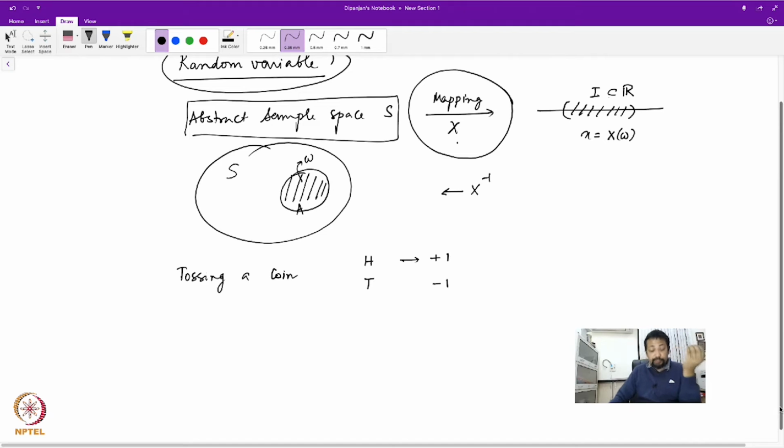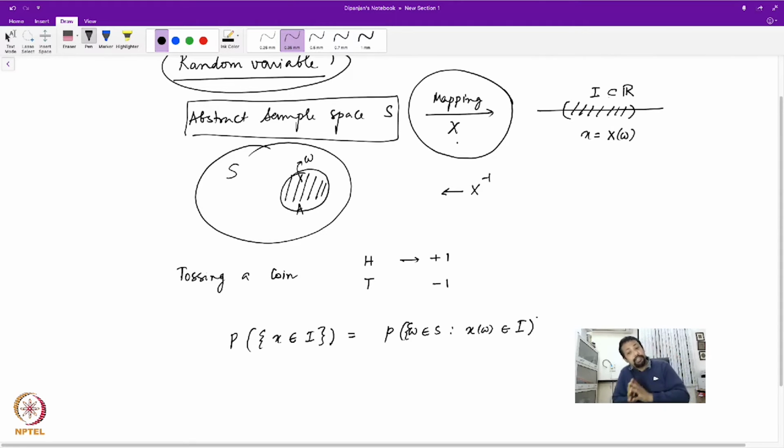Starting from the probability measure in the sample space, one defines an induced probability, that is, the probability that x belongs to I is equal to the probability that omega belongs to S such that x of omega belongs to I. So essentially the probability for the random variable x to take values in the interval I, which is a subset of R, is defined as the probability of the event in the sample space S.